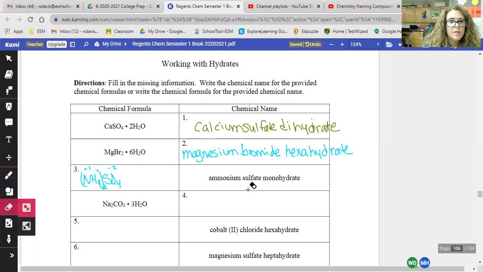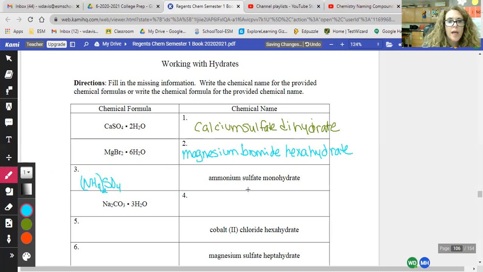And so I don't have to rewrite it, I'm just going to erase my charges. There we go. And now I'm going to do my dot, and then I have monohydrate. So dot H2O. So I have sodium carbonate, and then I have trihydrate.